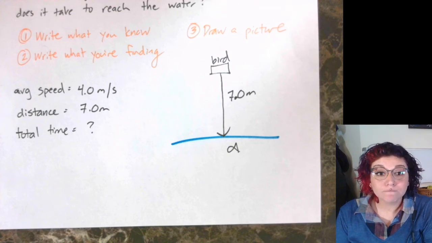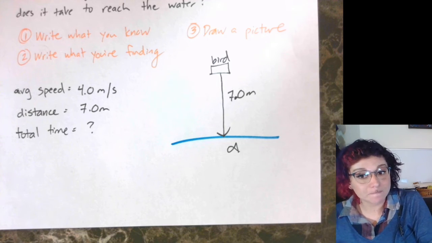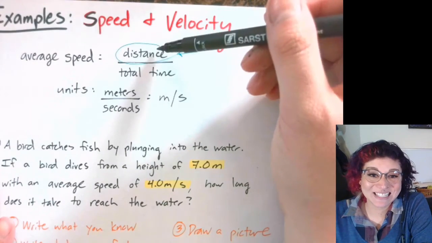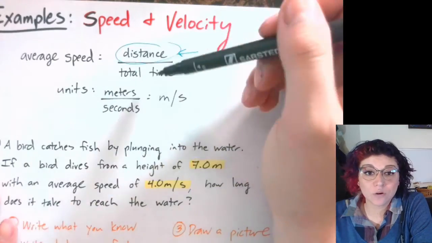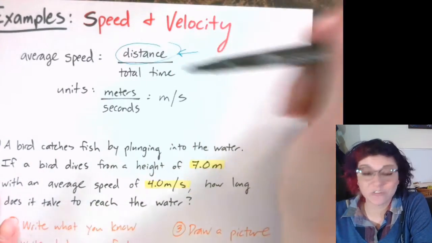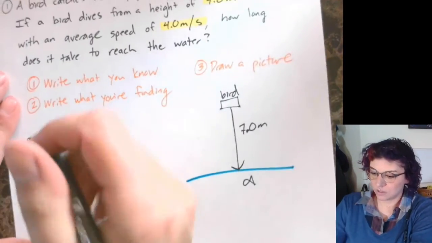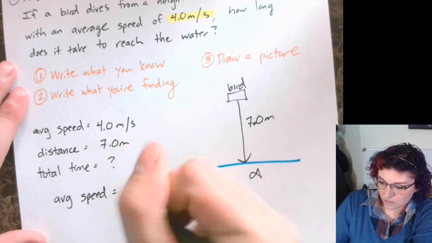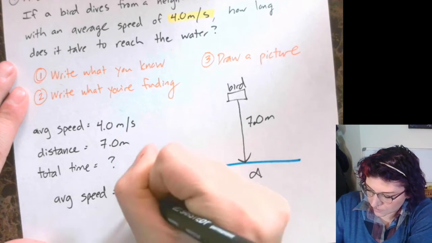When in doubt, look at what you know and look at the relevant equations. We know that average speed is distance over time. I know 2 of these variables and I can solve for the missing one. So average speed equals distance over time.